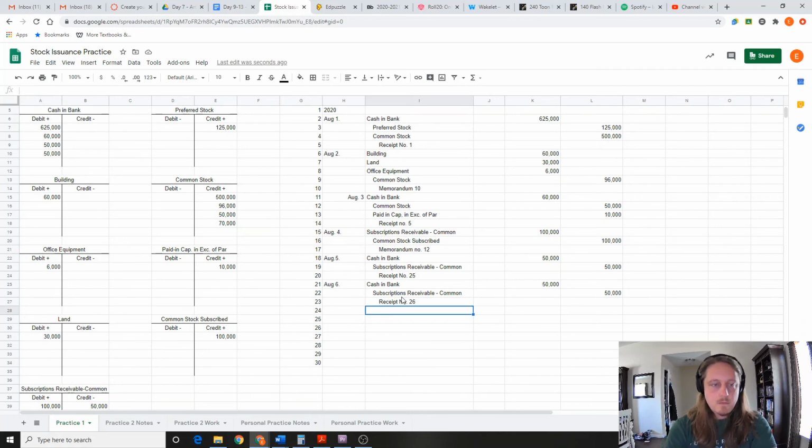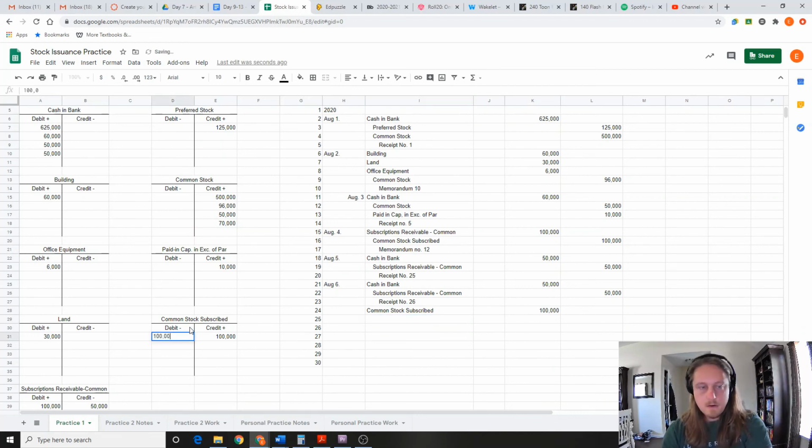So we got the common stock subscribed, and that's going to be 100,000 to debit, and all that does is get rid of this. So if we put the 100,000 here, then we have a balance of 0 now. So August 6th, the balance 0.